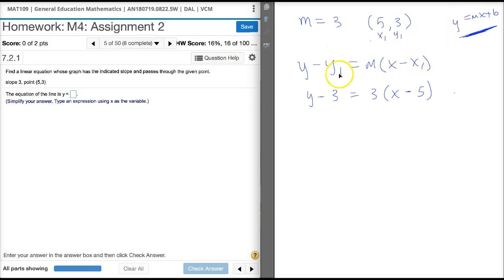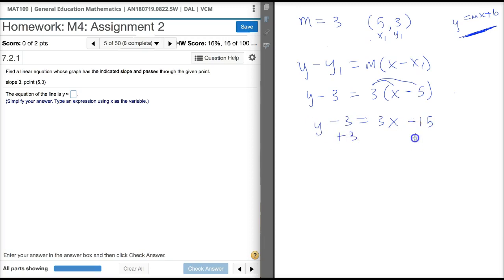But this x sub 1 and y sub 1 is reserved for a point that you know is on the graph to help you to be able to find what the actual equation of the line is. So that's why we plug in x sub 1 here, 5, y sub 1 here to be 3, and nothing here and here. So from here to solve for y, we just distribute 3 to both terms.